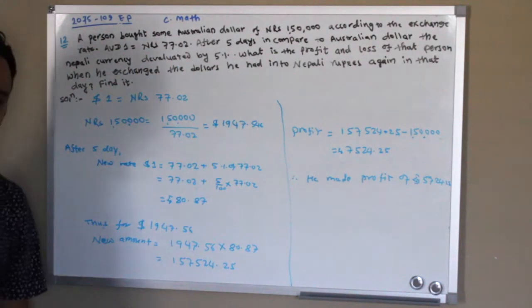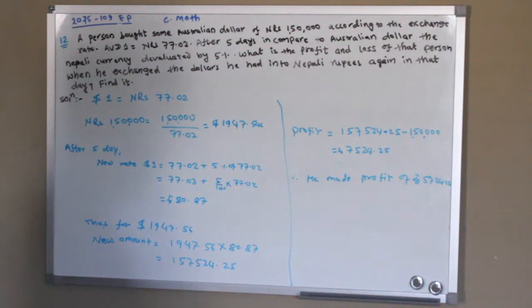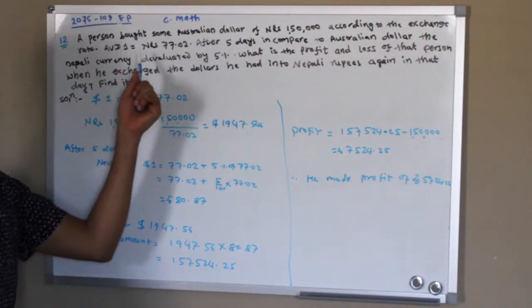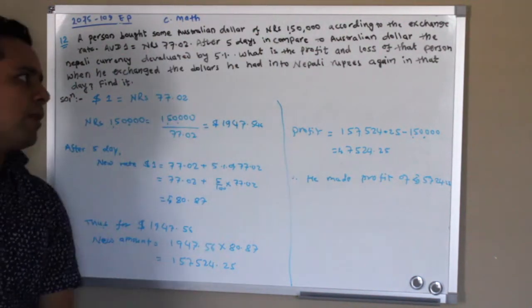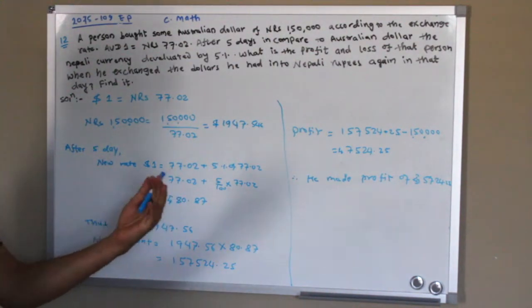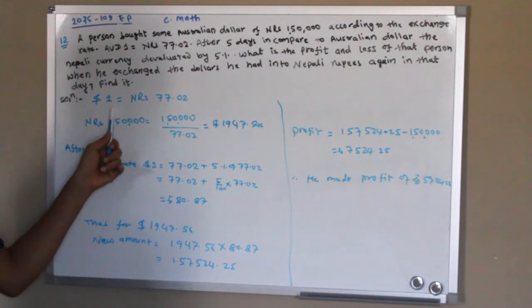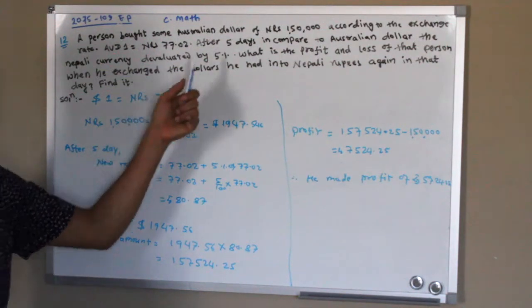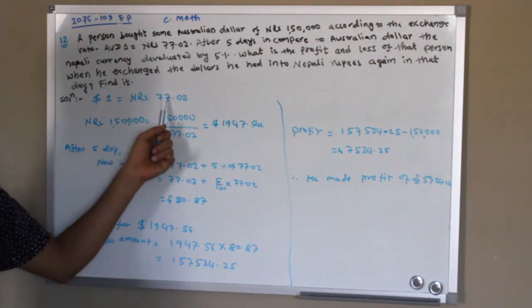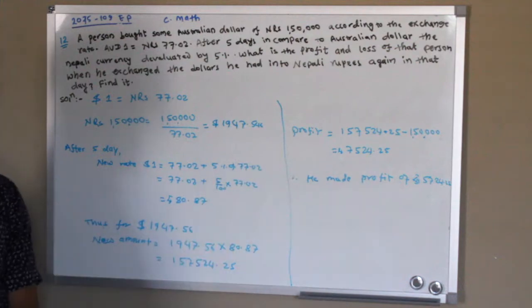Okay, let me explain it quicker. Firstly, a guy had 1,50,000 rupees, and he converted that into Australian dollars. He purchased some Australian dollars with that amount. So how many dollars did he get? Since the rate is 77.02, if I divide the total Nepali currency by the rate, I get the total dollar amount.